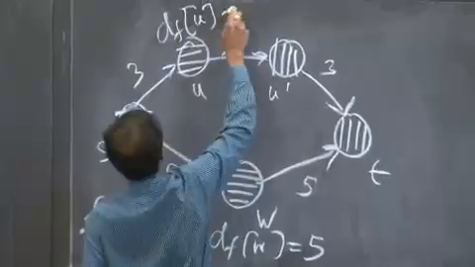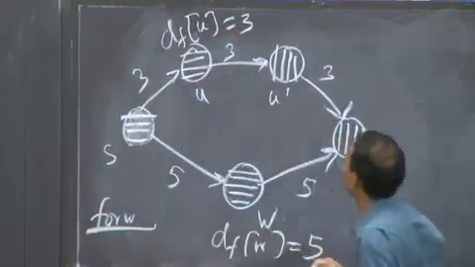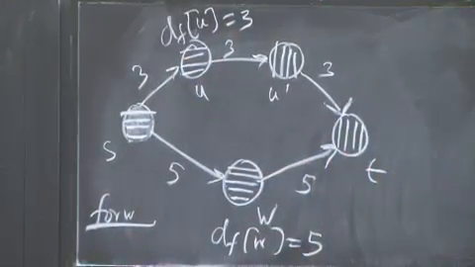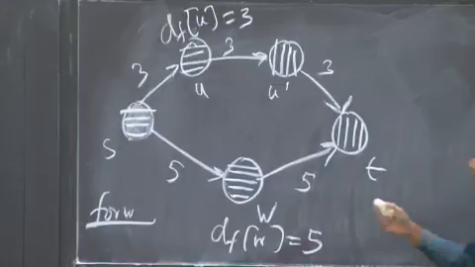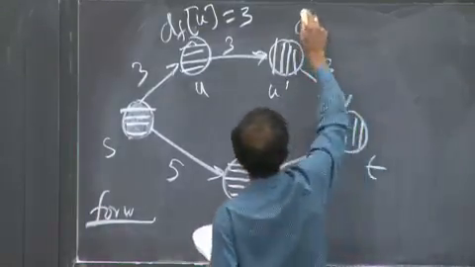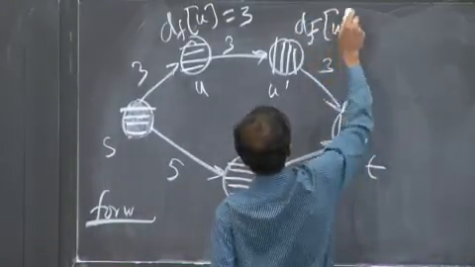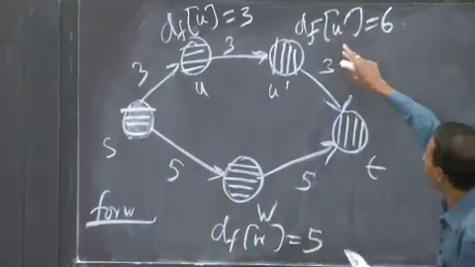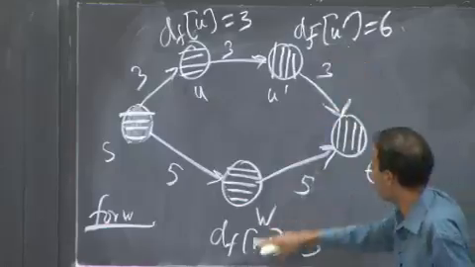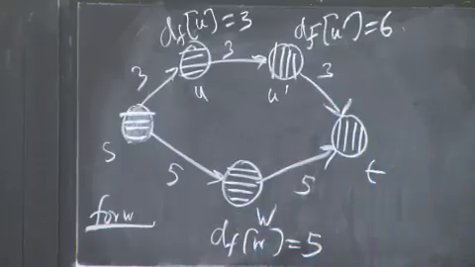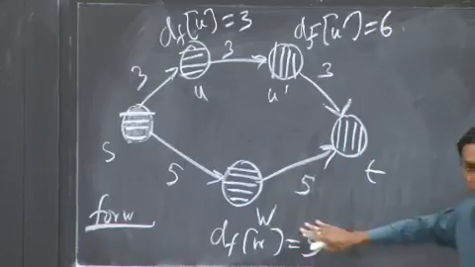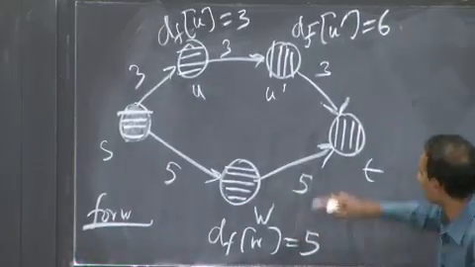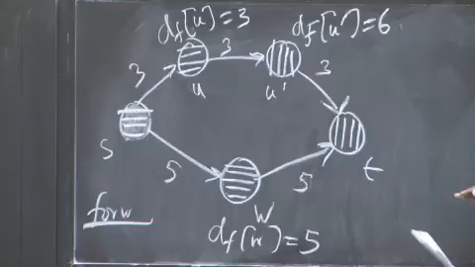DF of U equals 3, but I've hashed that, and so I've gone ahead and processed that vertex. And this one, DF of U prime equals 6. So if I compare in QF, I would be comparing U prime and W, and I would pick W. OK? People buy that? I hope you buy the fact that 5 is less than 6.